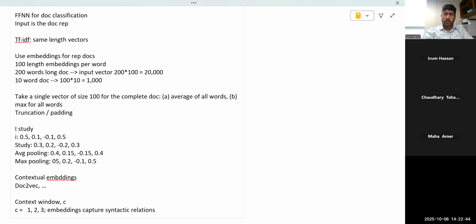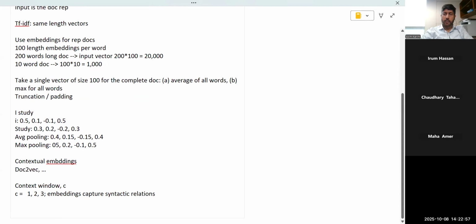In a way, there is no hard and fast rule, but if you keep C small, then the embeddings would highlight syntactic information more than semantic information. So why is this? Let's say C is 1, then embeddings would capture how words are used in correctly written sentences of a particular language. In other words, it will capture the grammar of that language. Syntax and grammar, as we mentioned earlier, are kind of used interchangeably.